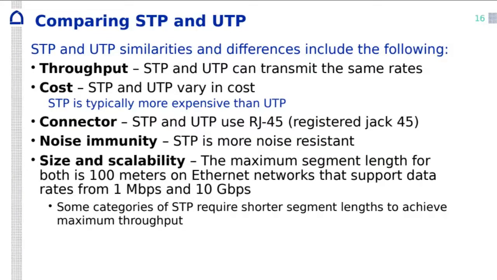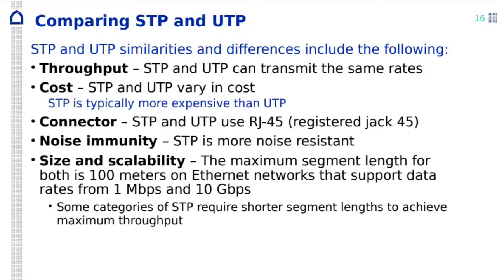Comparing STP and UTP, you can compare them for throughput. Cost: STP is more expensive. Connector: they use RJ45. You know the RJ45, the network cable connector.